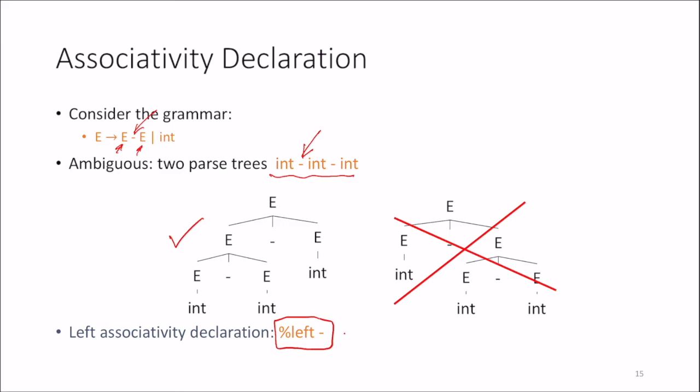We'll see later how it can be implemented in Yacc, but for now, using it is very straightforward, right? Any user knows what precedence and associativity rules they want, so they can just write it down and tell the parser generator what they want using this kind of declaration.